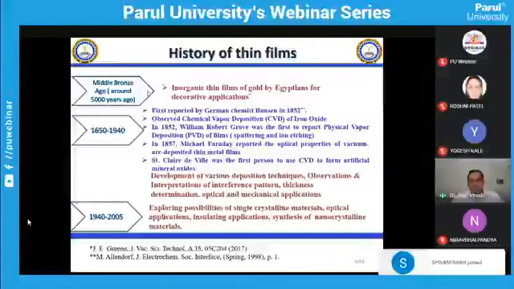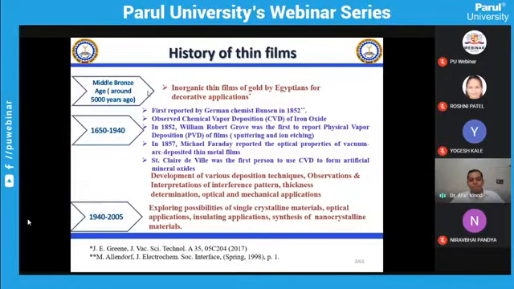People were much more interested in observing and interpreting the interference pattern that is related to the thin films.